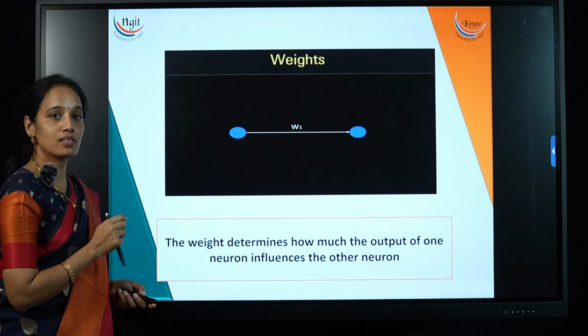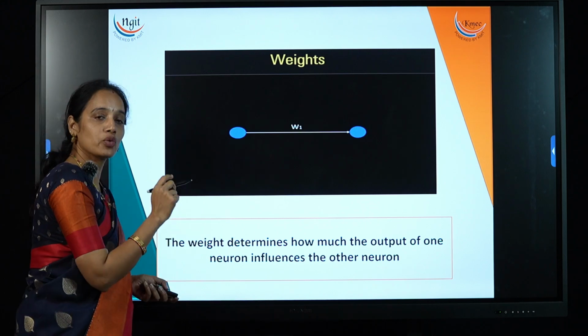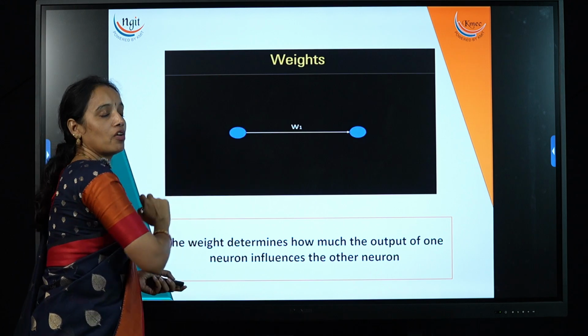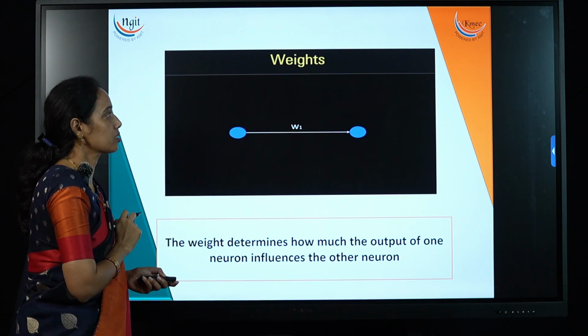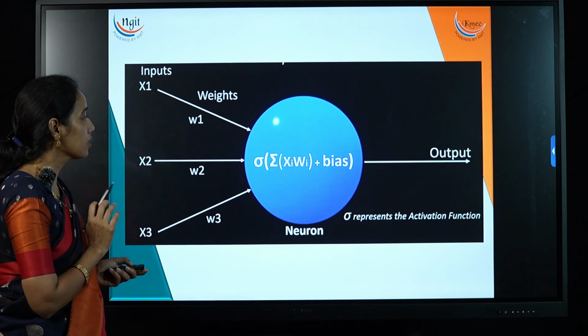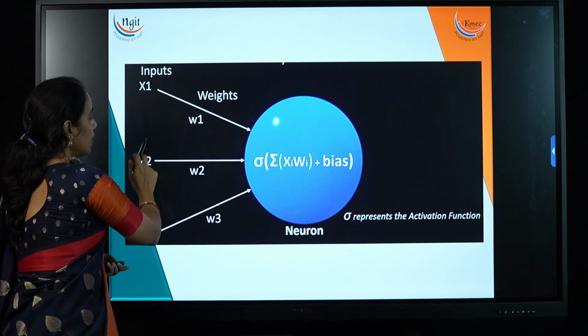The weight determines how much the output of one neuron influences the other neuron. So a lot of importance is given to the weight in an artificial neural network. And see, this is the structure of an artificial neural network. See here, these are the inputs.